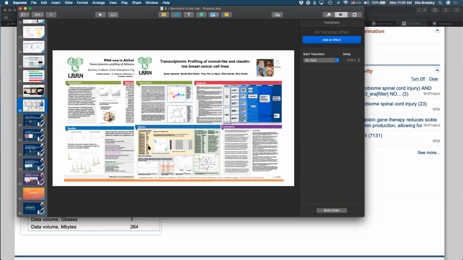Some of these examples are in a poster format because they were presented at a conference. Others are recorded presentations, similar to what you just did: just slides that have a certain structure of an introduction, methods, results, and conclusions, and then they are recorded. So we will share that with you on the forum so that you can take a look at a few examples.